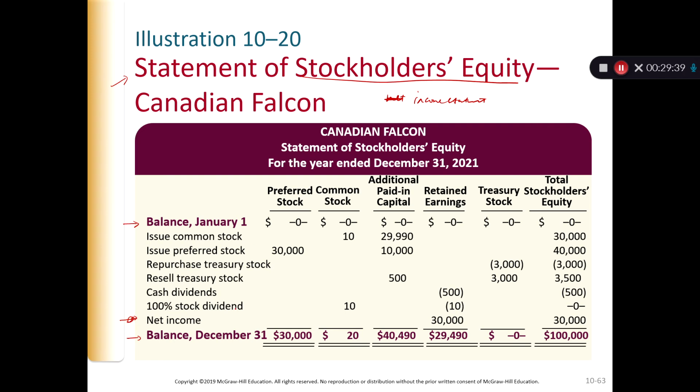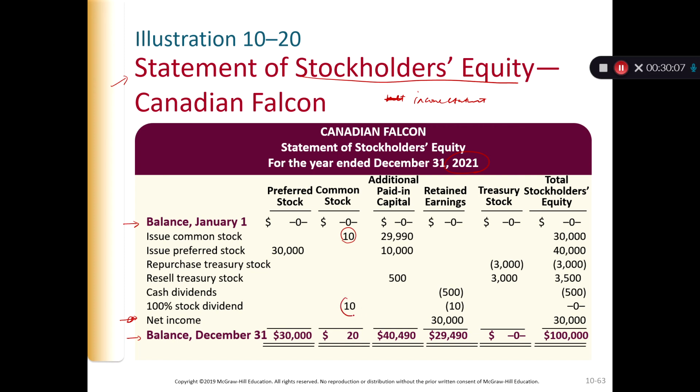It's almost like describing a story of what happened in 2021. See, on January 1st, they had zero preferred stock, but during 2021, they issued preferred stock of $30,000. For common stock, on January 1st, the company hadn't existed yet, but during 2021, they issued common stock worth $10, right?